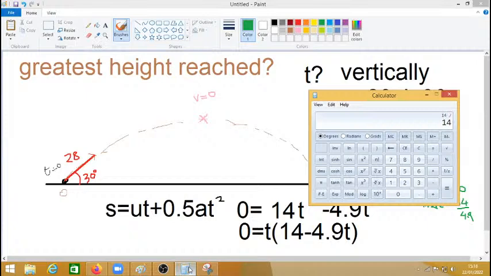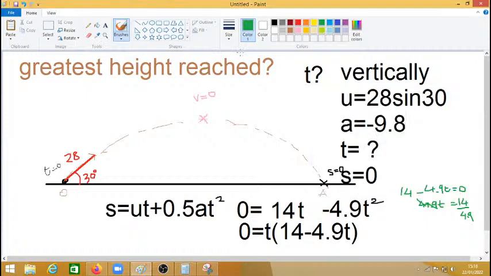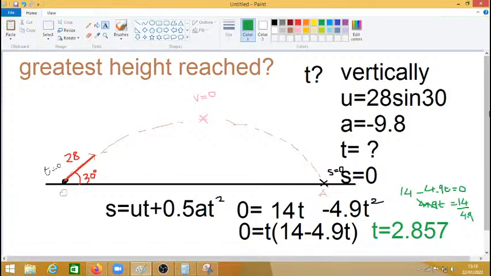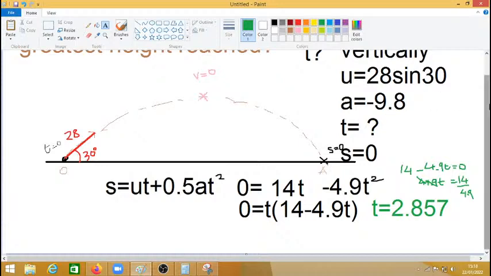So 14 divided by 4.9, and that's 2.857. So the time it would take is 2.857. Let me just check that I haven't made a mistake there. No, that looks good. Okay, we're going to need to use that exact number, so I'm just going to keep that in the corner there.